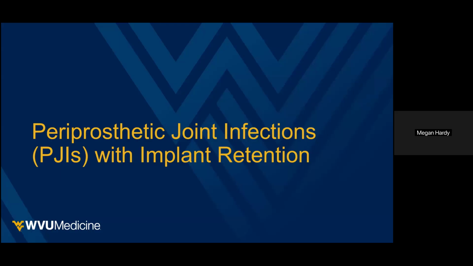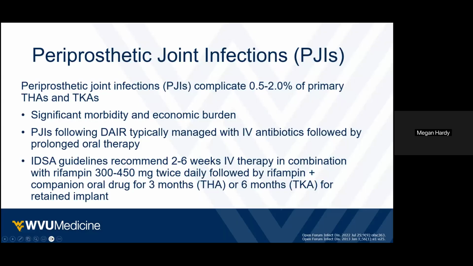So jumping into the actual prosthetic joint infections themselves, and some studies highlighting specifically this indication. Prosthetic joint infections, or PJIs, complicate 0.5 to 2% of primary total hip arthroplasties and total knee arthroplasties, and they represent significant morbidity and economic burden.